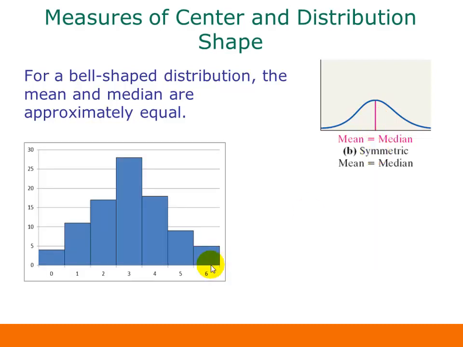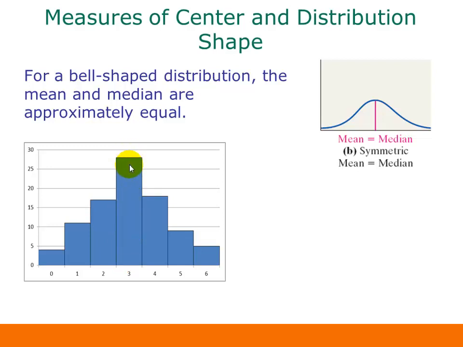Here's another distribution that's approximately bell-shaped. So again, our mean and our median would probably both be approximately in the middle of this and approximately equal.